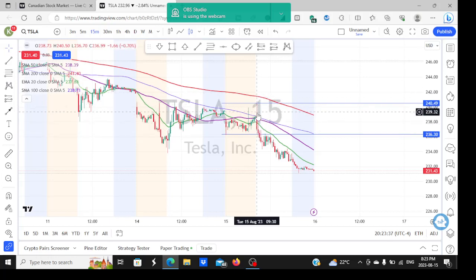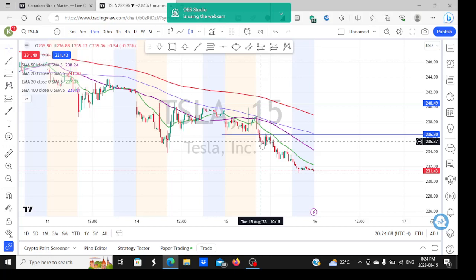So I waited on that to form, and then I jumped in before this candle finished forming, and then rode it down. I got kicked out of this candle here about 10:15 because I didn't want to lose my gain totally to zero.